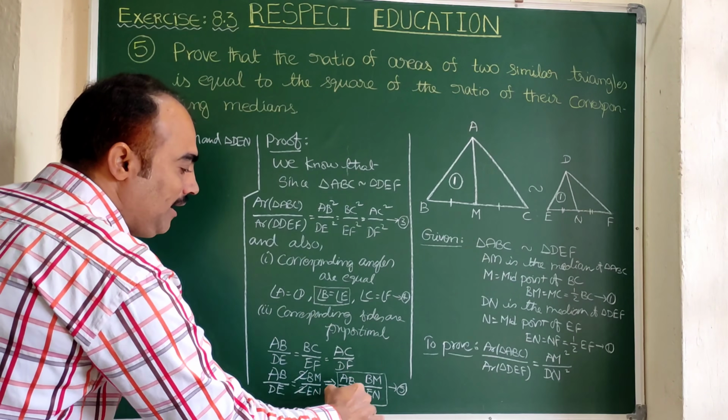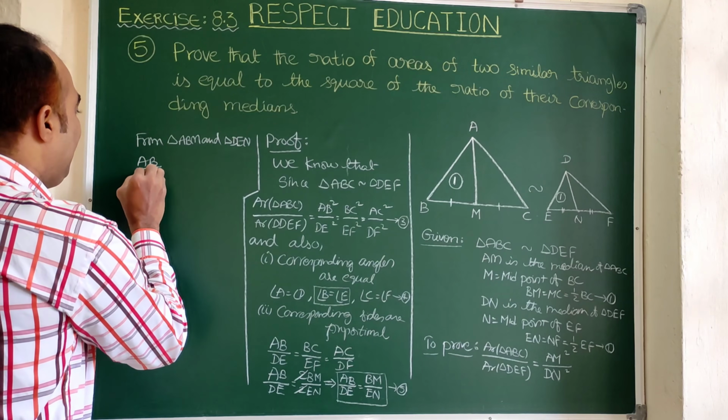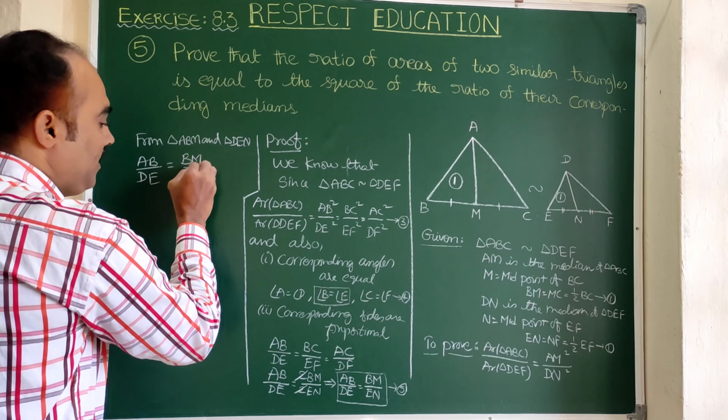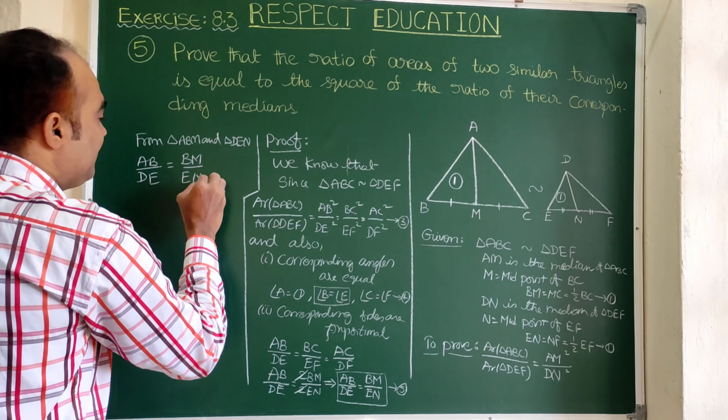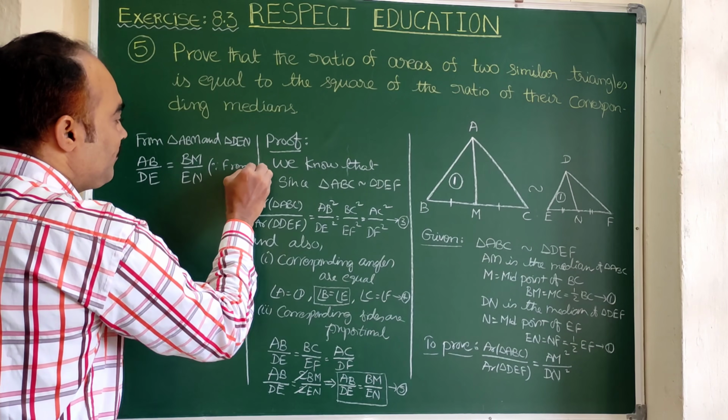Already we got AB by DE equal to BM by EN. This is from equation 5.